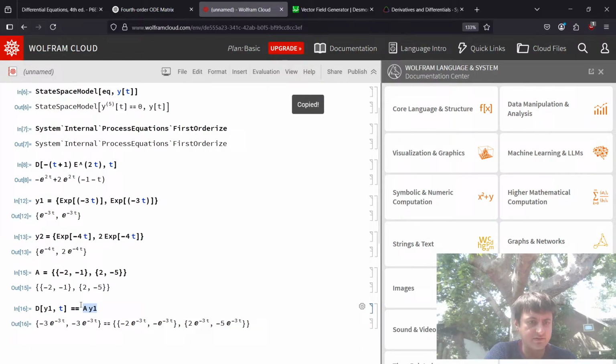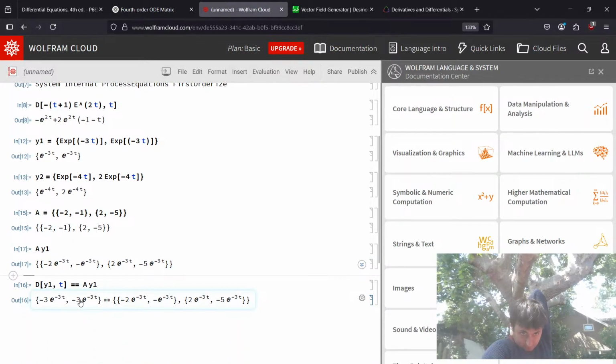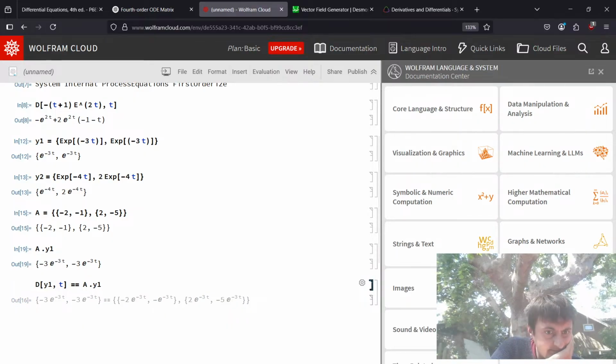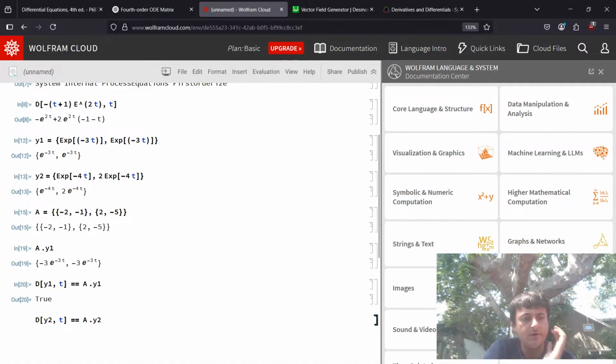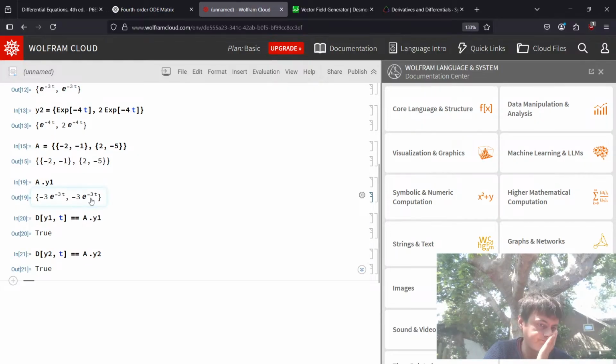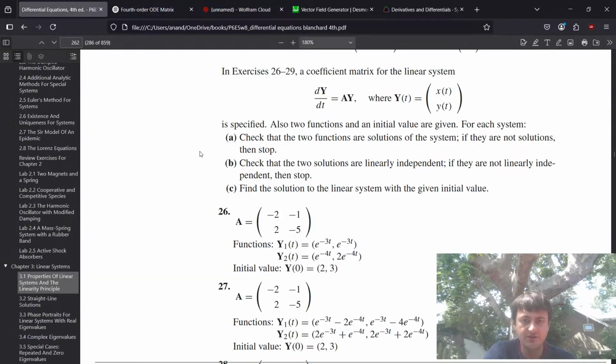A y1 should be a vector. I don't see what's happening here. You know what? I think you have to do like a dot. Yeah. Cool. And then we can just do this for y2. And there we go. All right, so we just showed that indeed it is a solution.